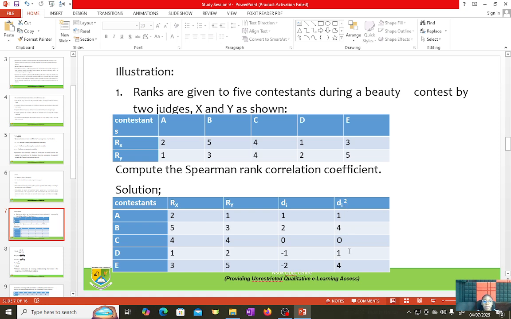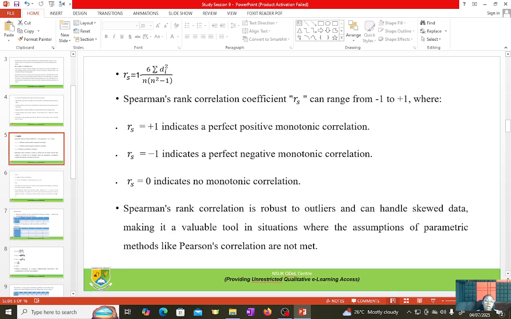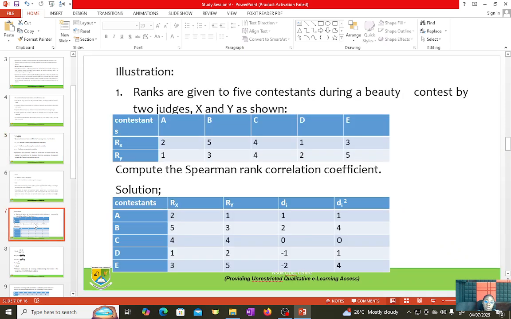We have 10 as the summation of di squared. So you simply come to your formula and you substitute this summation of di squared with 10. This 6 is multiplying them all. So it will be 6 times 10 divided by our n, as we counted, is 5, divided by 5 into bracket 5 squared minus 1. So that's all you need.